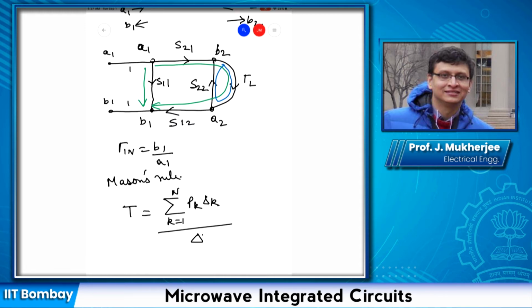So in this case, for example, the gain of this path is nothing but, so P1. So there are two forward paths. So the gain is S11. The second forward path, it is S21 gamma L into S12.